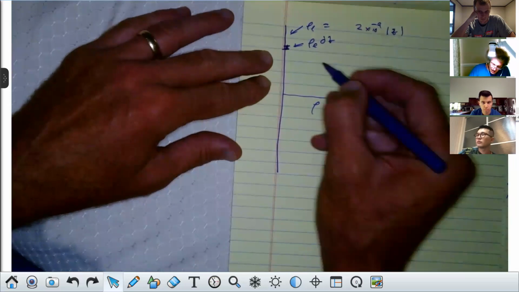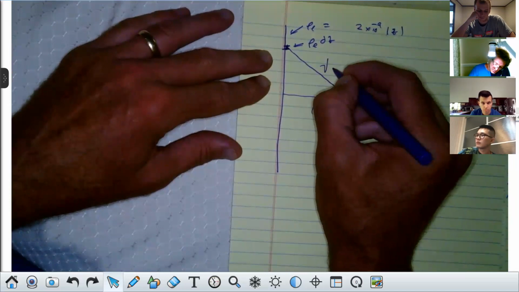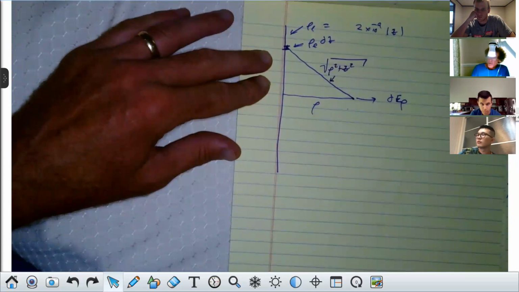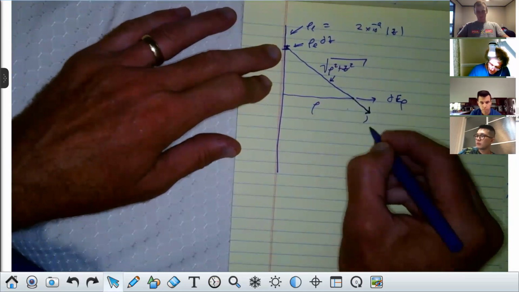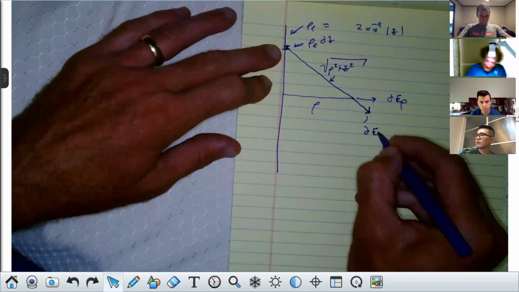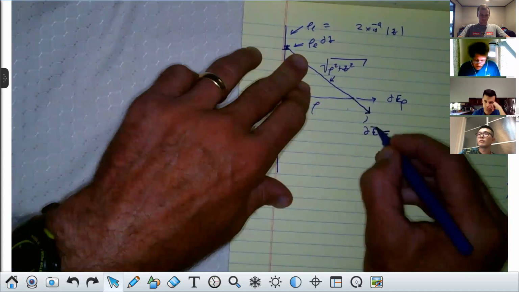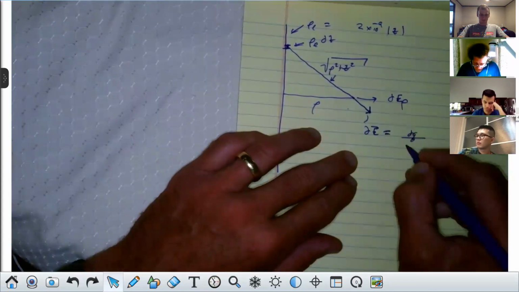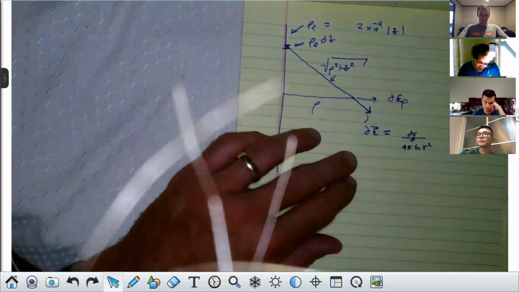I come down here, and this is the radial distance here, and this will be the square root of rho squared plus z squared. That would be this distance. Do you all agree with that? That would be the radial distance, correct, class? And that means if I get this differential field, this dE right here, this would be dE magnitude, and I'll write this down, vector dE, it's going to be equal to dq over 4 pi epsilon naught r squared in the a_R direction.